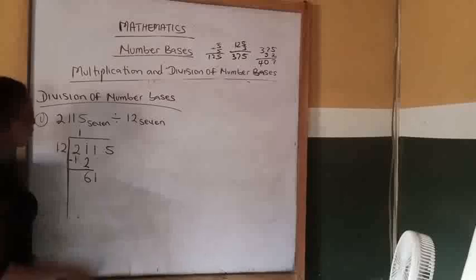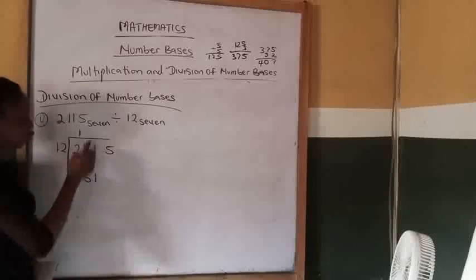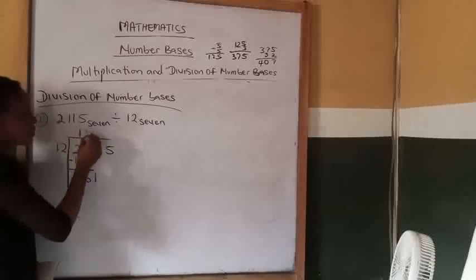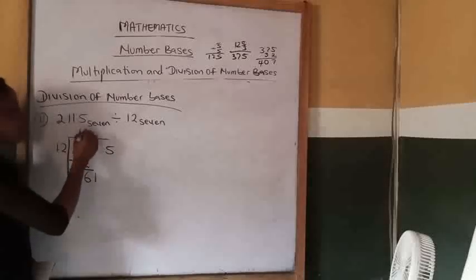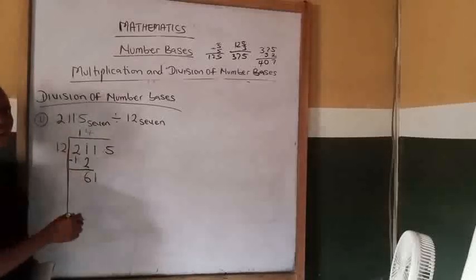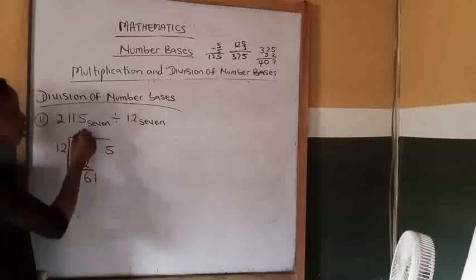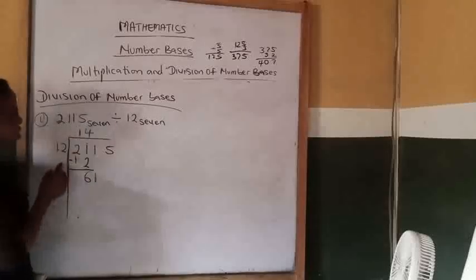So I will say, how many 12 can I get in 61? I will use 4, because if I say 12 in 61, it will give me 5, and you don't multiply it directly like that. You make use of your base. So it will give me 4 now.